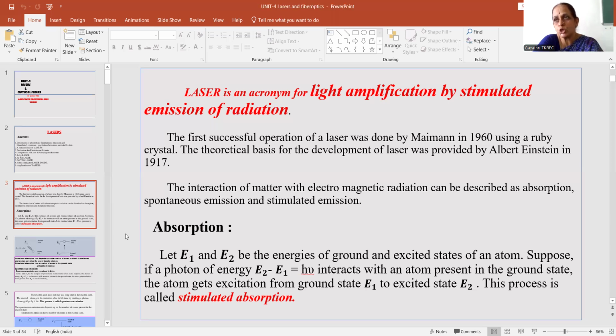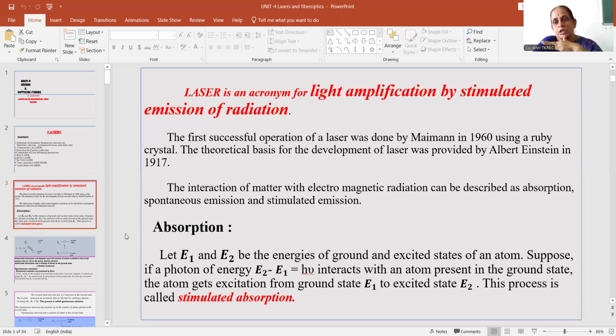Therefore, the population of the ground state is designated as N1, and the population of higher energy state or excited state is designated as N2, and hence the population in the ground state is more than the population of higher energy state.